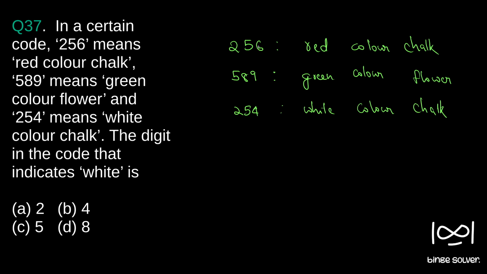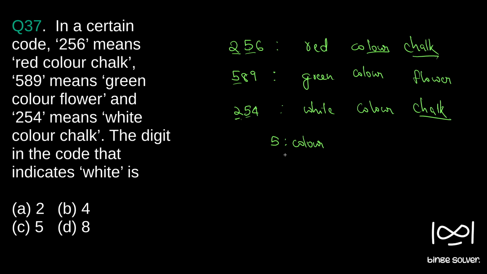So if you see, in all these three, the common number is 5. 5 is repeating in all the three codes, and the common word that is repeating in all the codes is color. So 5 is the code for color. Now if you compare the first and last, 5 is common, then 2 is also common, and the common word after color is chalk.